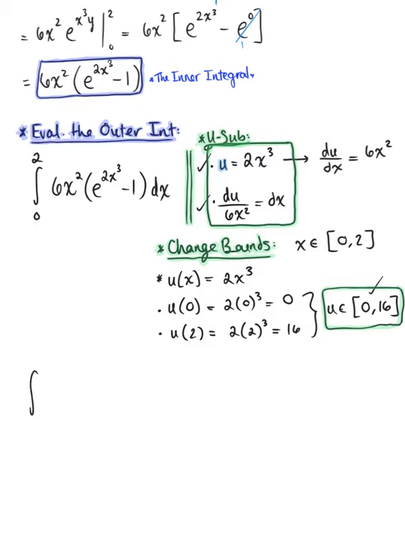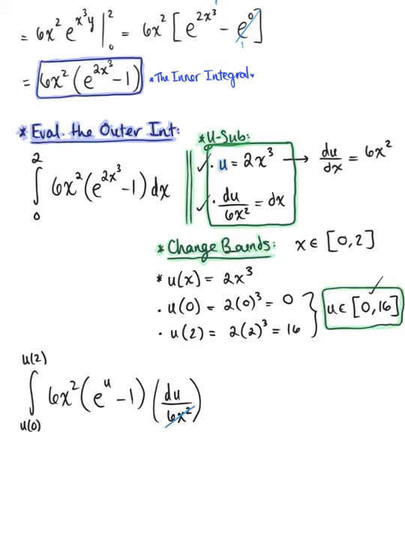Our outer integral is the integral from u of 0 to u of 2 of 6x squared multiplied by the natural exponential raised to the u minus 1. And we're replacing dx with our new differential, du over 6x squared. And look at this beautiful simplification.